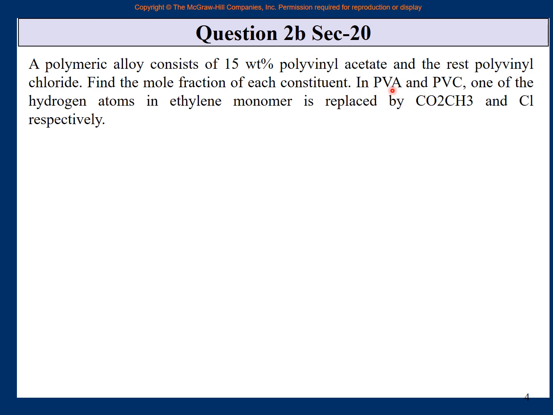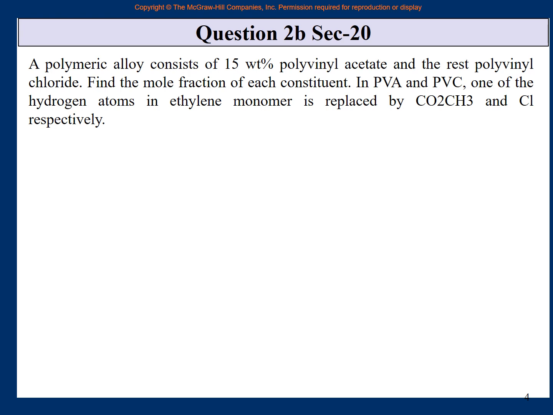As I told some of you, the only 3, 4, 5 structures for which we have been doing numerical problems are based on polyethylene. But here I am giving you a hint. In PVA and PVC, one of the hydrogen atoms in the ethylene monomer is replaced by CO2CH3 for PVA, and by Cl for PVC, respectively.